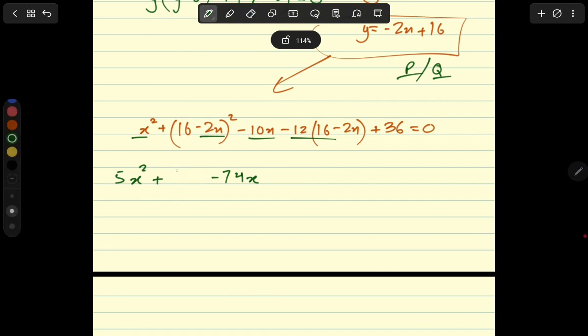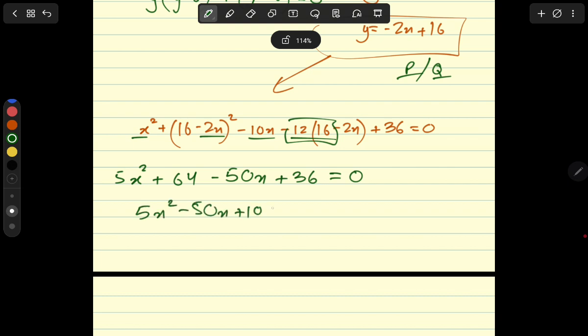Negative 12 times negative 2x is plus 24x. So this becomes negative 50x, and plus 36 equal to 0. So this becomes 5x squared minus 50x plus 100 equal to 0. So this is x squared, factoring 5 out, minus 10x plus 20.